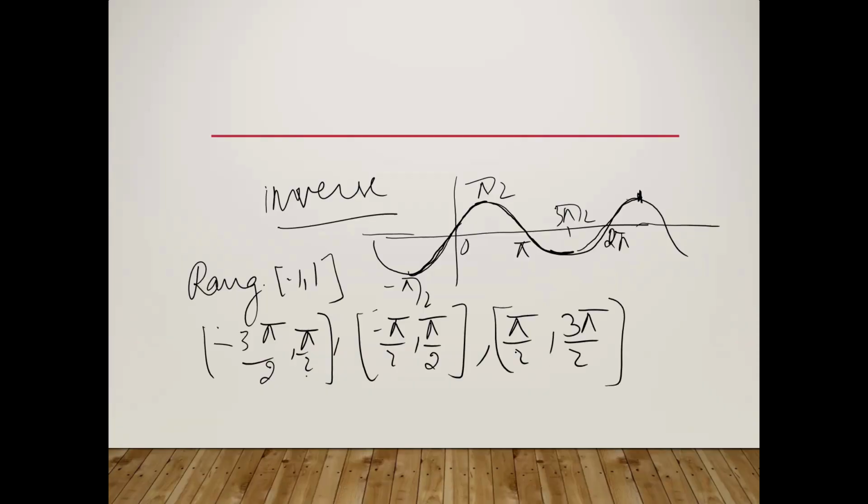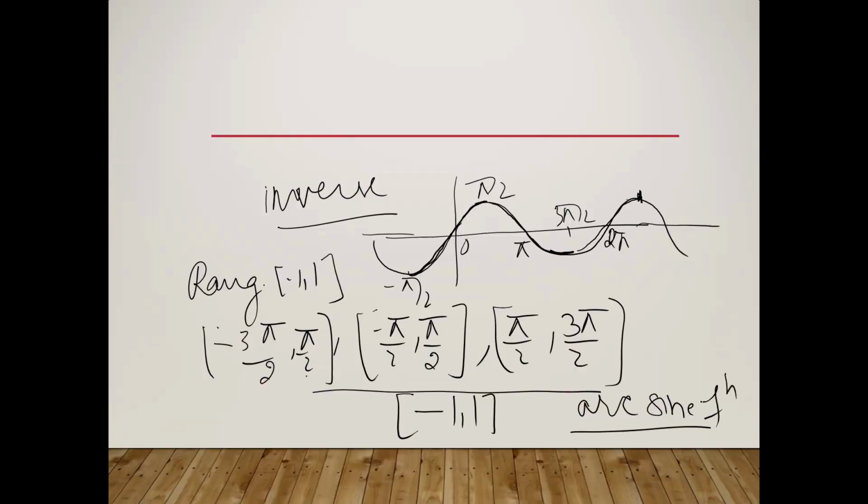So these intervals, these branches, make the function one-one, and all the ranges are from minus 1 to 1, right? So we can therefore define the inverse of the sine function in each of these intervals, and we denote the inverse of the sine function by sine inverse, or a few people call it the arc sine function.